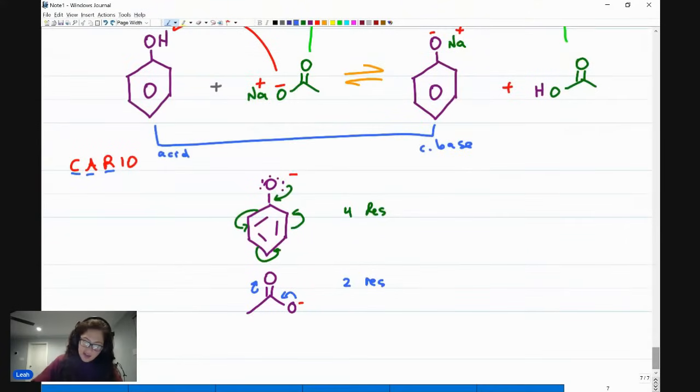And so in each case, it's an oxygen holding that negative, but the question is, who is helping that oxygen? For the first one, we have an oxygen plus 3 carbon, and for the second one, we have an oxygen plus an oxygen.